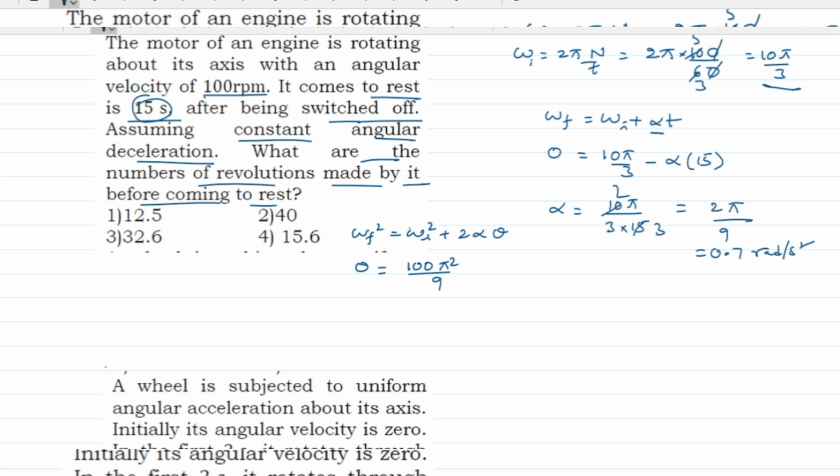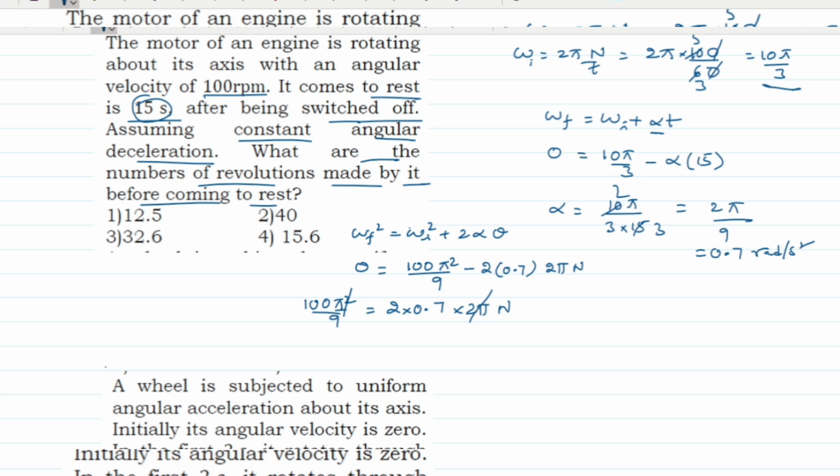100 pi square by 9 minus 2 into the alpha value. Alpha we got as 0.7, into theta, which is nothing but 2 pi into n. So just bring this to the other side, students. 100 pi square by 9 will be equal to 2 into 0.7 into 2 pi n. Here this pi gets cancelled.